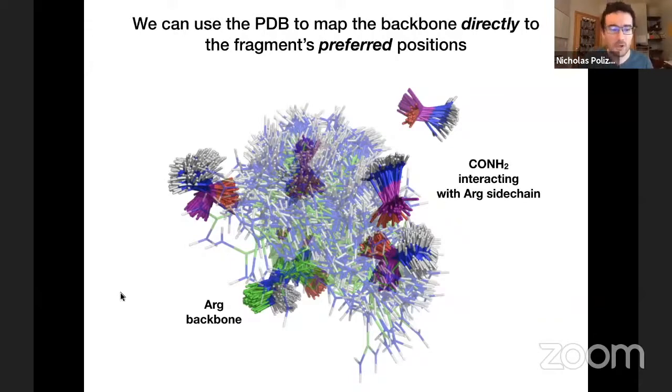But if we really focus back on where the backbone is and where the chemical group is, and don't worry about where the side chain is right away, we can really start to focus the problem down, essentially having fewer degrees of freedom to worry about and focusing on the binding function. Essentially, can this backbone place a carboxamide in a position, as well as all the other chemical groups of my ligand, in such a way that my ligand will fit or dock into that, so that that backbone can really accommodate that full ligand. That's the whole strategy.